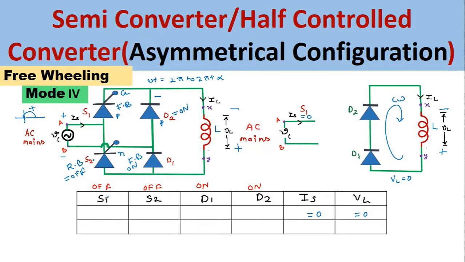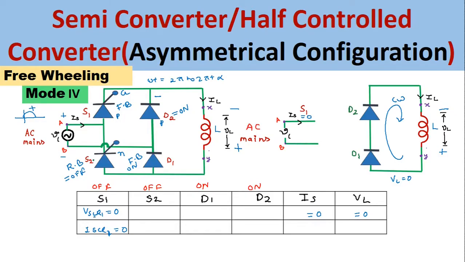Now we will see the conditions of voltage and currents of different devices connected in the circuit. First we will see the S1 SCR. S1 SCR is in forward bias condition, so the voltage across this SCR is approximately equal to 0 we are taking. Now since we are not applying a gate pulse to this device, it is not conducting any current, that means the current of this S1 SCR will also be equal to 0.